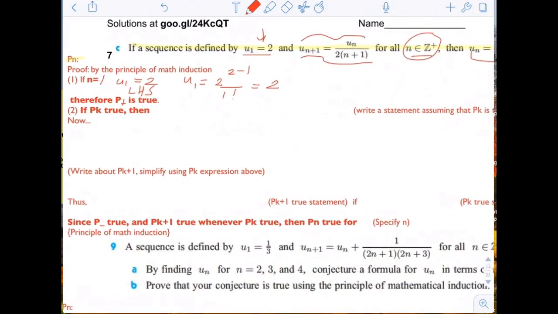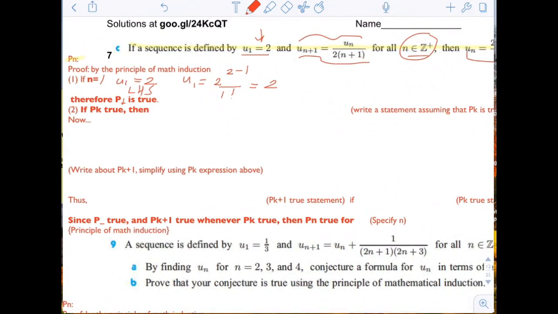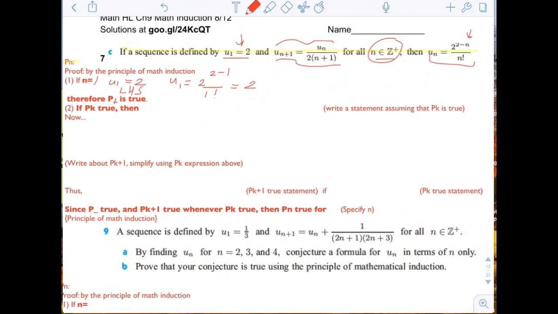Now we're going to assume that the kth case is true. So basically, we are going to say that u subscript k is equal to 2 to the 2 minus k divided by k factorial. So we're going to assume that is true. Now we're going to take the k plus first case.